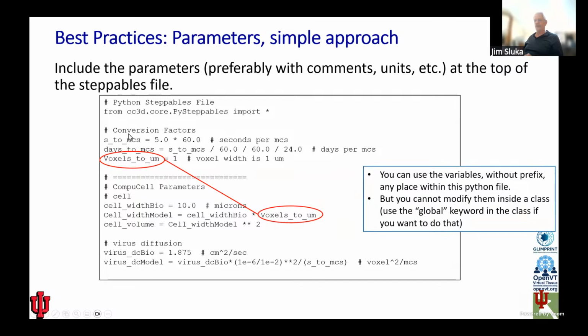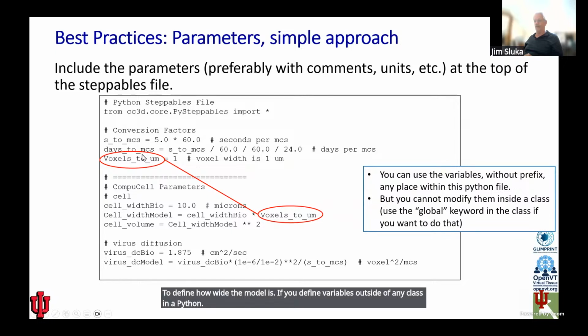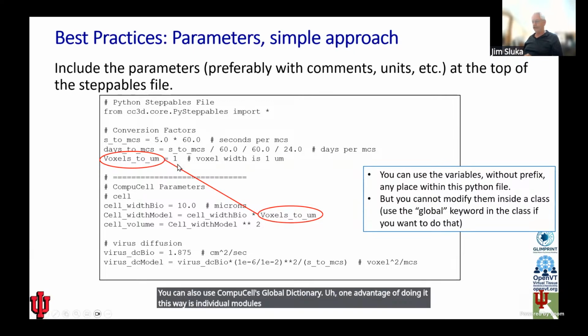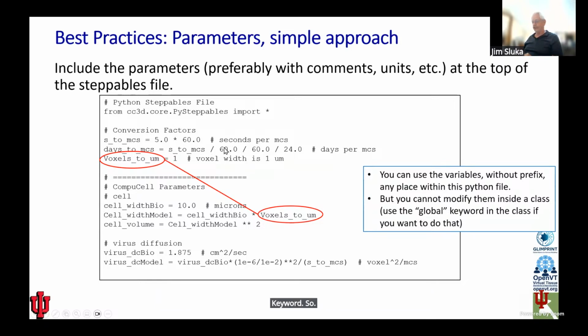If you define variables outside of any class in a Python file, these are global variables. Any Steppable can reference these variables. You can also use CompuCell's global dictionary. One advantage of doing it this way is individual modules can't change these values unless you use the global keyword. So these things are basically frozen.